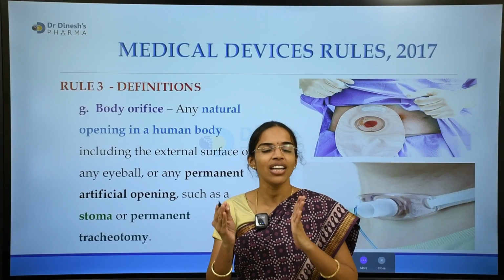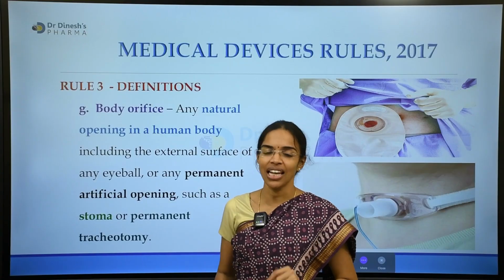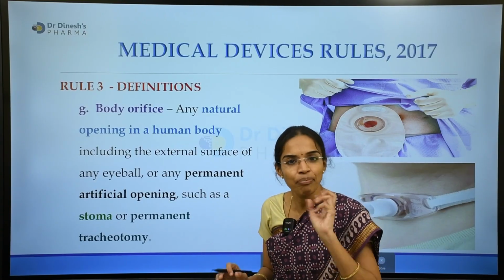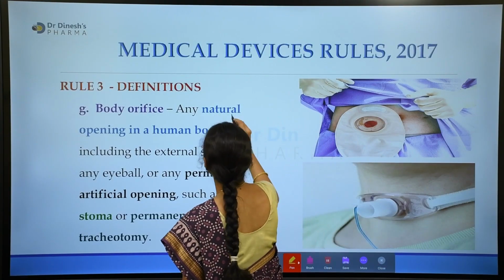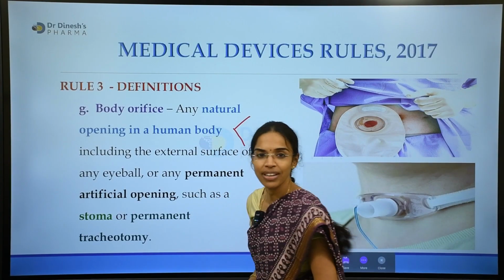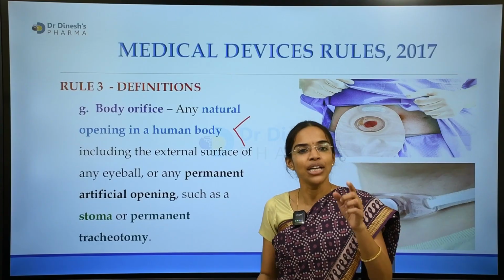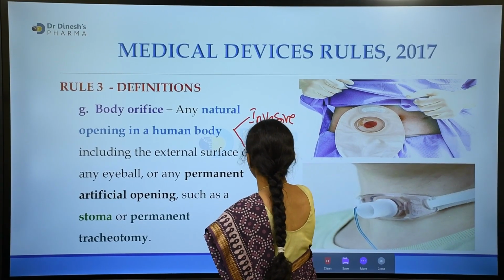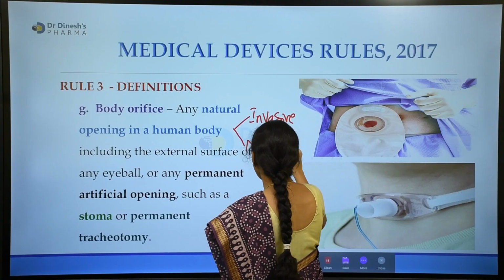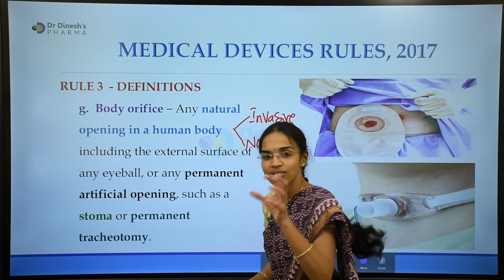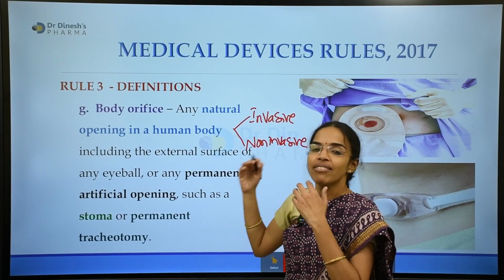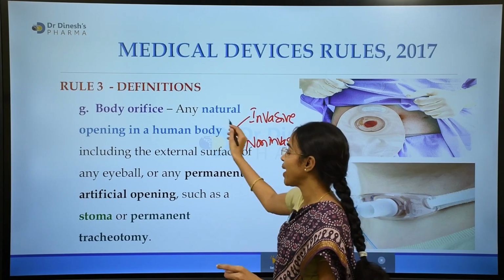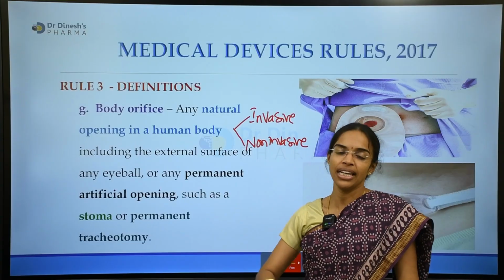Body orifice is necessary to study because it forms the basis of classification of the medical devices into whether it is an invasive device or a non-invasive device, which is classified based on body orifices only.